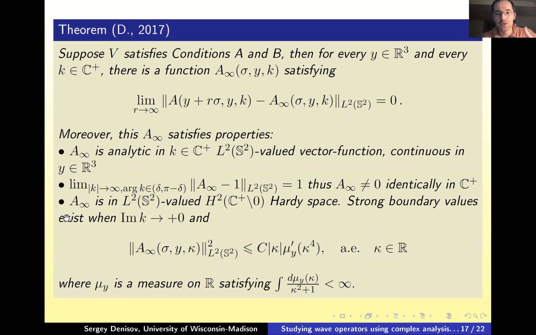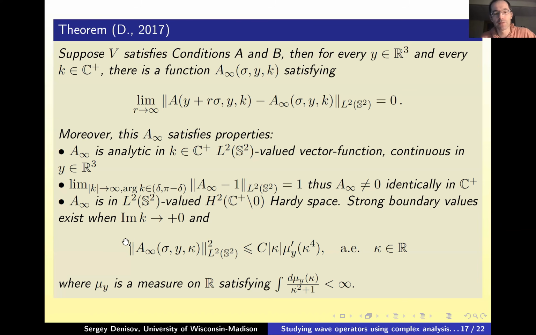Now, what's the key thing that allows you to actually study this function? The key thing is the following factorization identity. If you look at the actual spectral measure, you can call it mu. And so the density of that spectral measure is going to be bounding the L2 norm of this function A infinity.